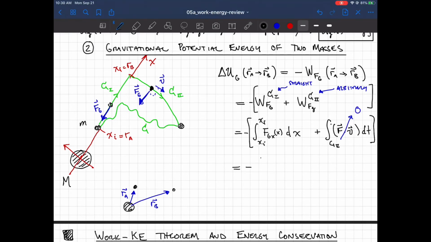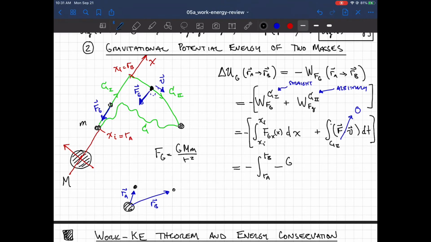Now we can calculate that. So from x initial, which is called RA, to x final, which is called RB. And then I can plug in the expression for the force of gravity. Remember, Fg is equal to big G, big M, little m, over r squared, where r is the separation of the two masses. The x component means that the force should be pointing in the opposite direction as the x value. So we have a minus sign out front, just like we did for the spring force.